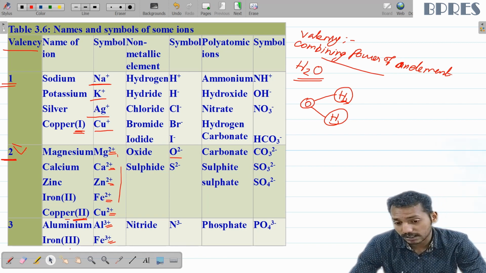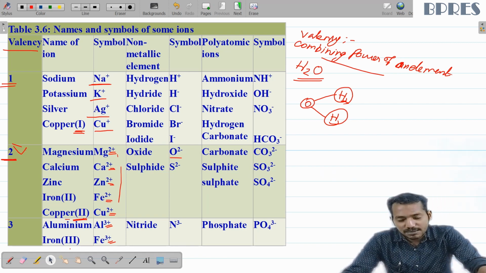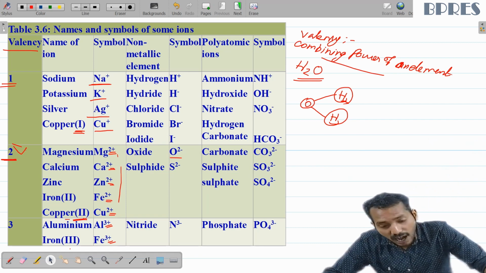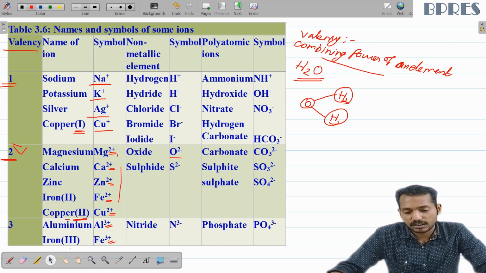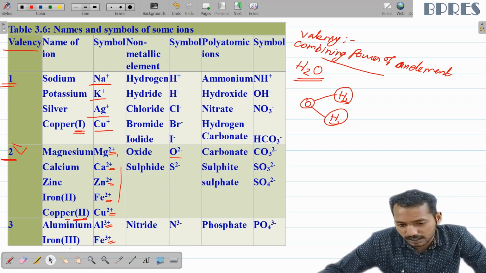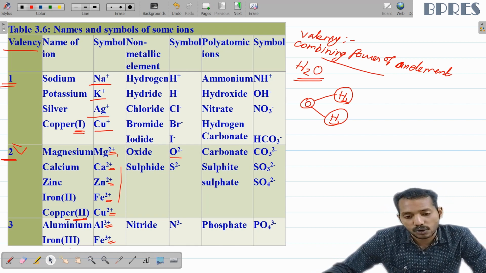Yes, there is a similarity: these all are metals. So generally metals possess positive charge. Clear? There will be a change in the number of valency or strength in the charge, but generally metals possess a positive charge.